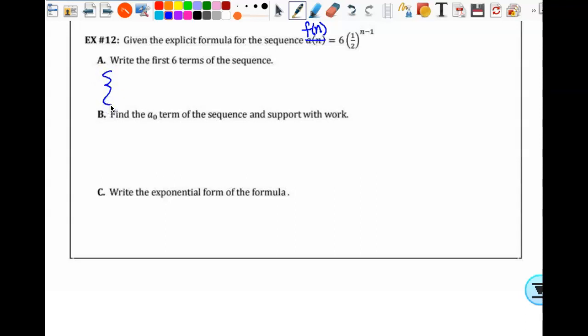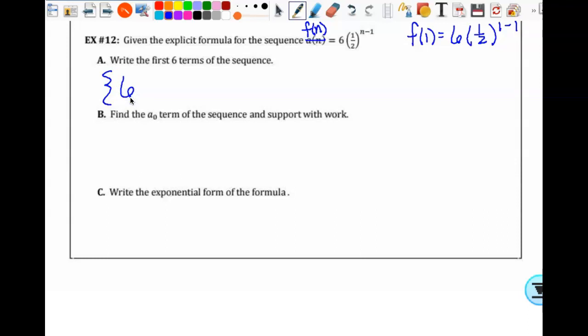So in order to do that, I need f of 1, which is going to be 6 times 1/2 to the 1 minus 1 power. What is 1 minus 1? 0. What is 1/2 to the 0 power? 1, and then 1 times 6 is 6. So our first term is 6.